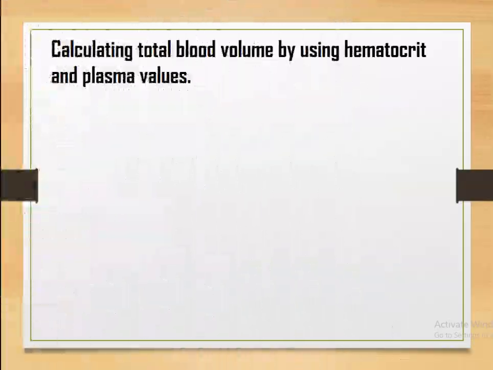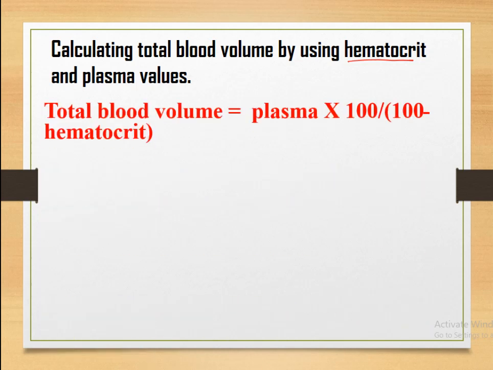The hematocrit value gives us the ratio between the red blood cells and the total blood volume. Then when you talk of plasma, automatically we know what plasma is.